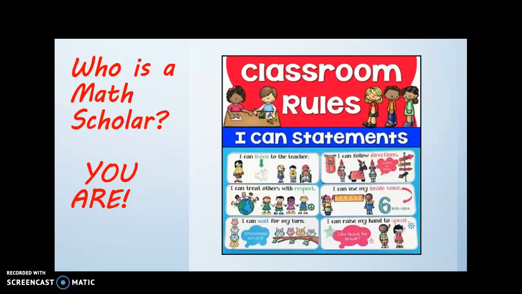Ready? Let's say them together. I can listen to the teacher. I can follow directions. I can treat others with respect. I can use my inside voice. I can wait for my turn. I can raise my hand to speak.